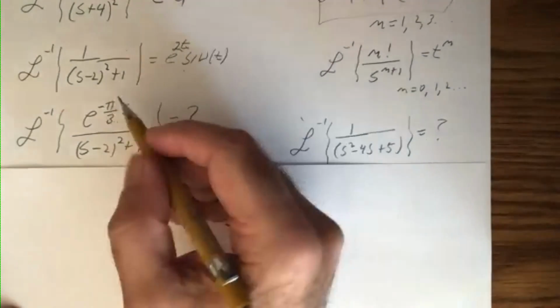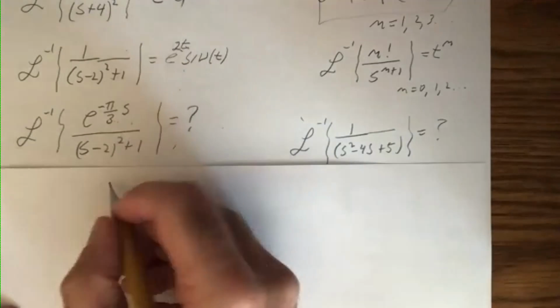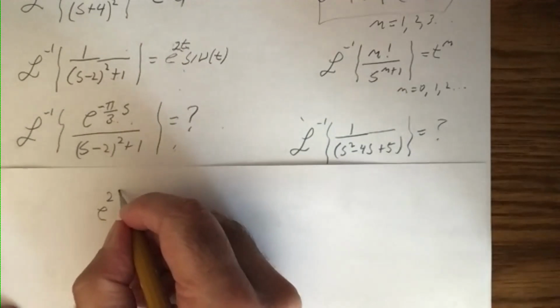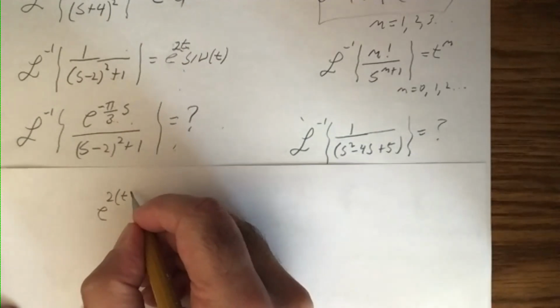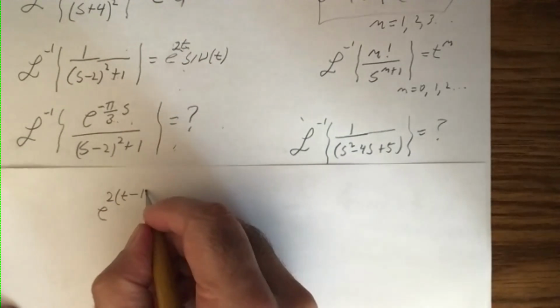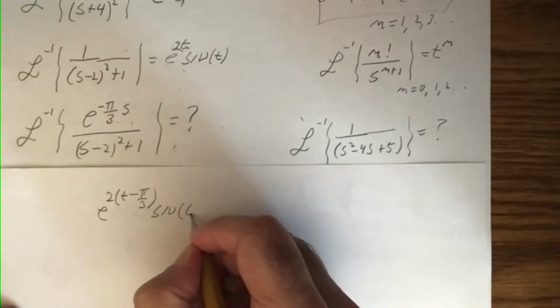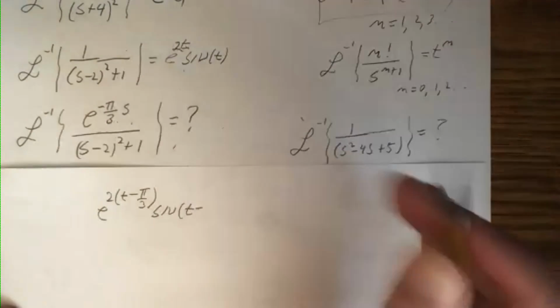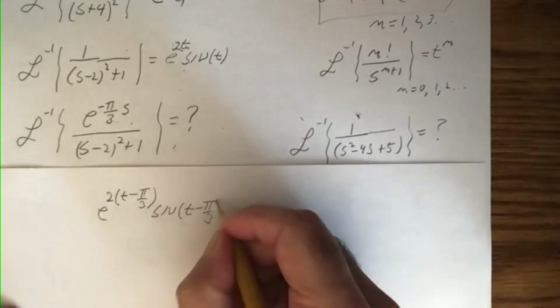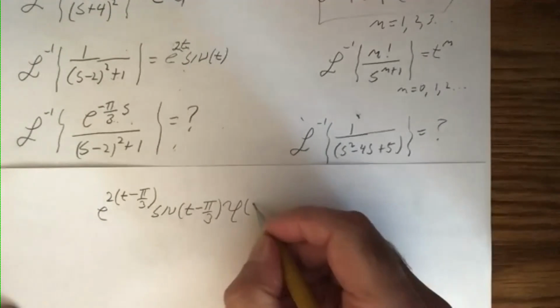So the inverse Laplace transform of this thing is going to be e to the 2 times (t minus pi over 3), and then the sine of (t minus pi over 3) times the unit step function.